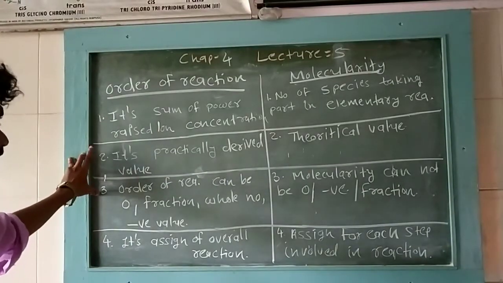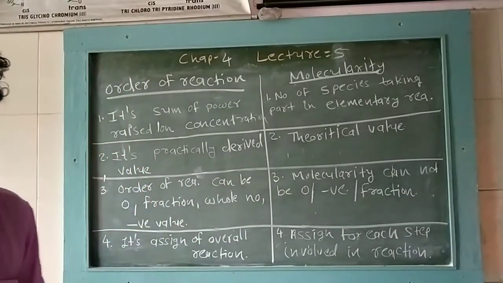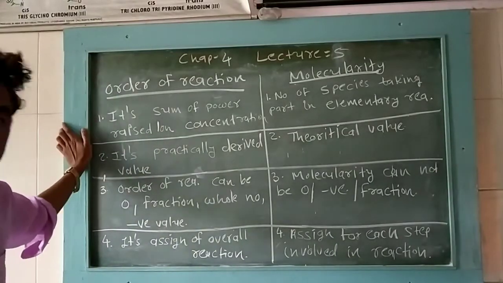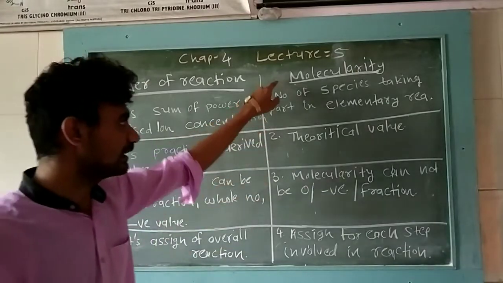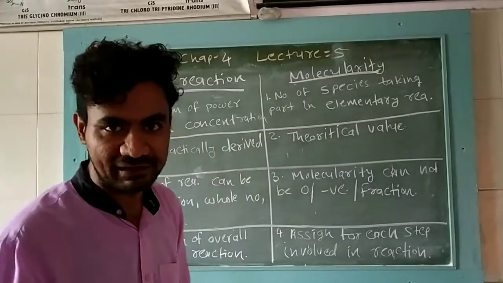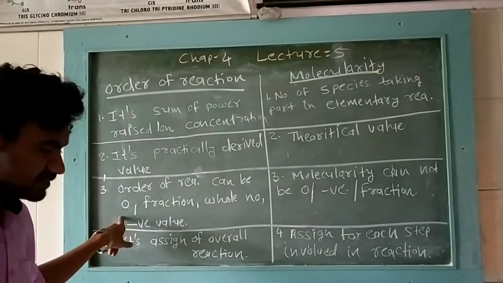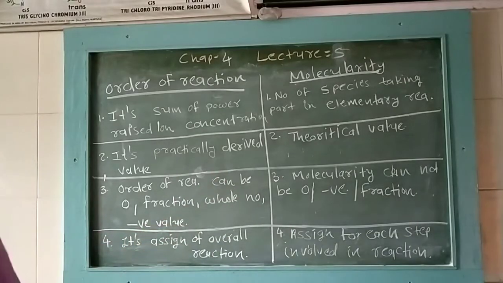Now, second point: order of reaction is a practically derived value. We learned that order of reaction cannot be derived theoretically. While molecularity is a theoretical value. Order of reaction can be 0, a fraction, a whole number or a negative value.